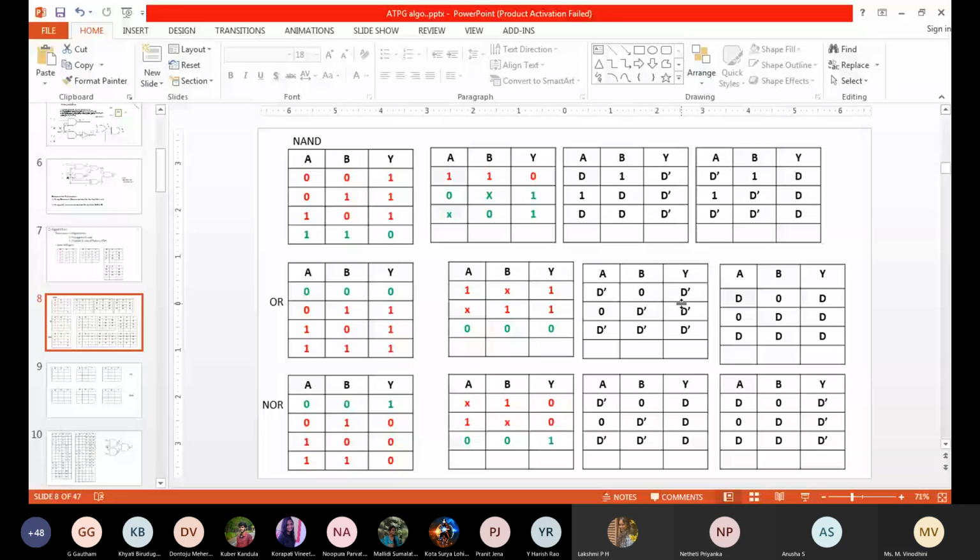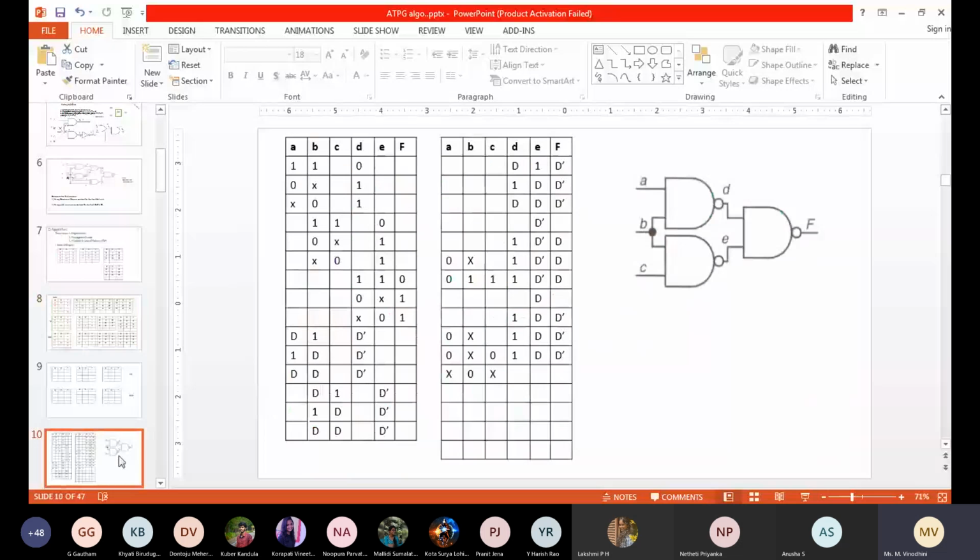Fixed. Suppose in the exam a circuit is given, you have to attempt this. Mainly I'm telling this about this question and concurrent. Always attempt it at the end because that is a bigger one. If you could at least write the singular cover and propagation D cube for the gates present in the circuit, you will get some marks.